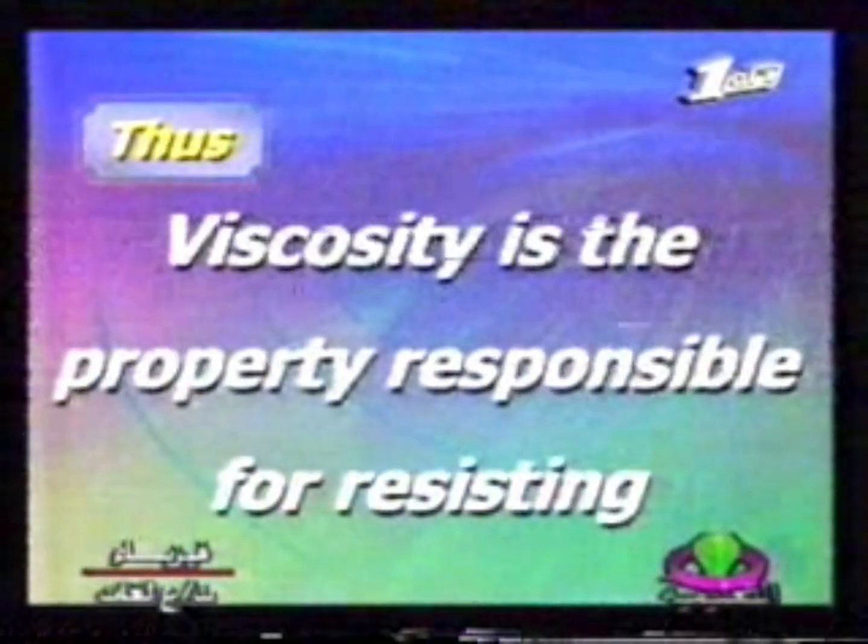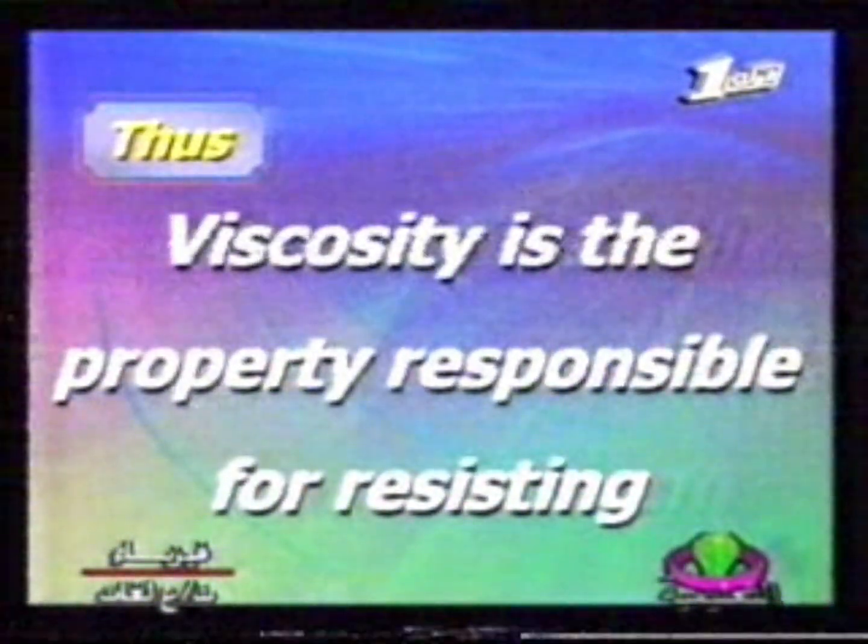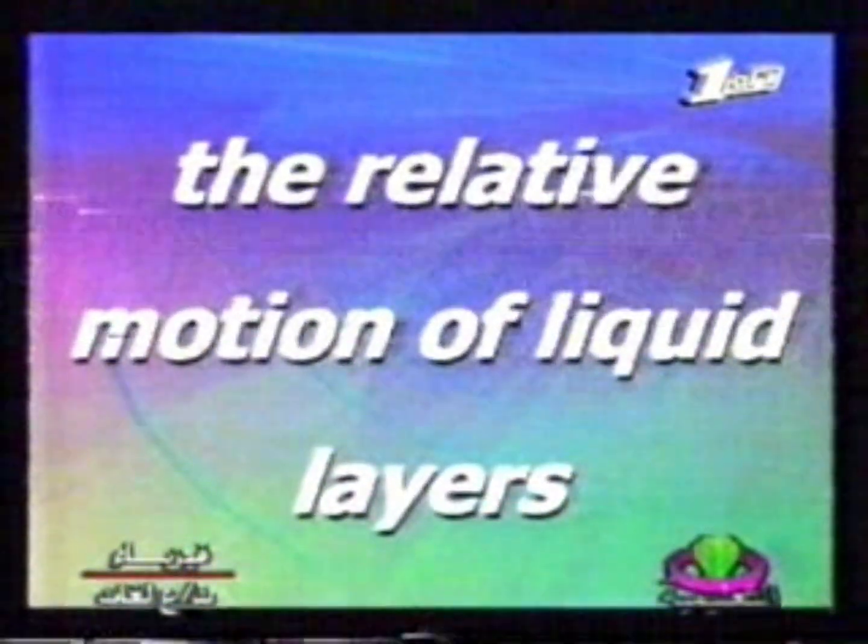Good. But the liquid layer adjacent to the lower plate has a velocity equal to 0. Do you know why? As this plate is stationary, that is to say at rest. The liquid layers in between move with different or gradient velocities. Thus, viscosity is the property responsible for resisting the relative motion of liquid layers.